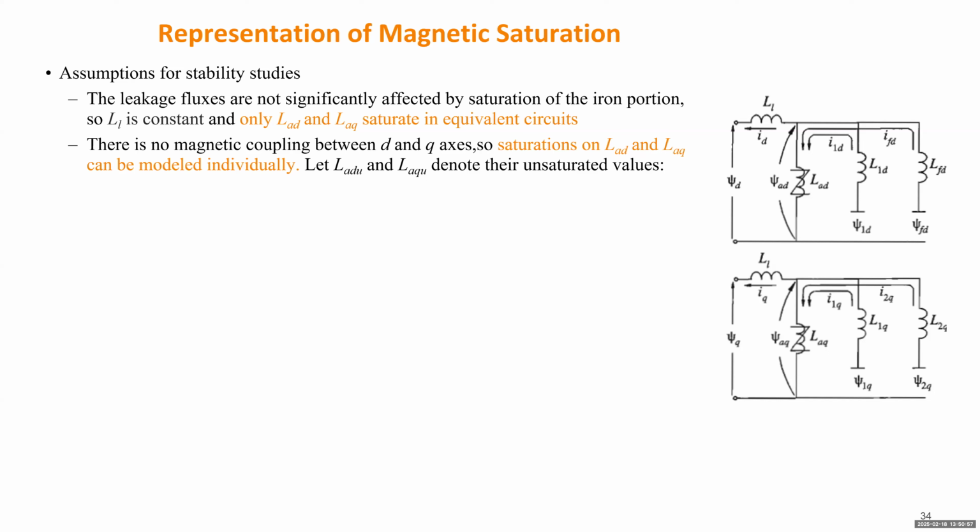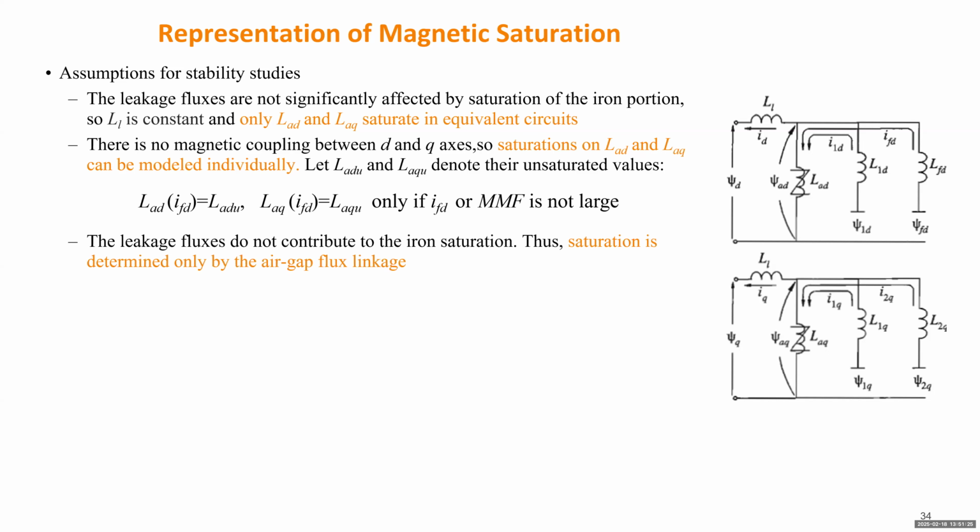So when you increase the field current, those two will change individually. They are both functions of the field current. So the LED, LEQ equal to the LADU or LAQU only if the field current is not high. So it's not saturated yet.